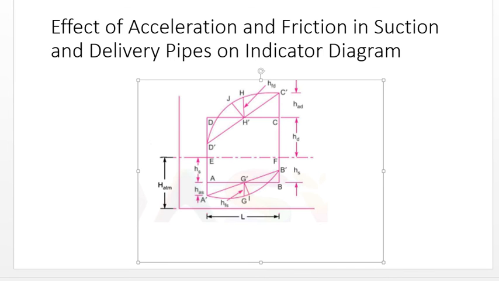The area of this parabola A dash B dash is the stroke length into 2 by 3 times this GG dash. Similarly, the area of parabola A dash G dash B dash is equal to base into 2 by 3 into G dash I, that is 2 by 3 into stroke length into HFS.